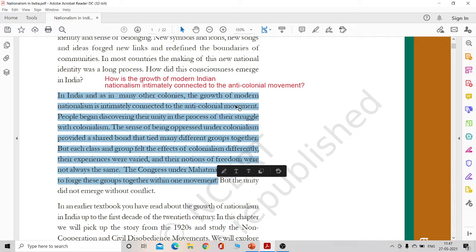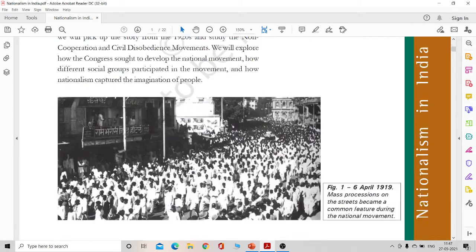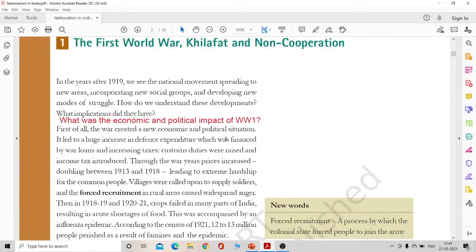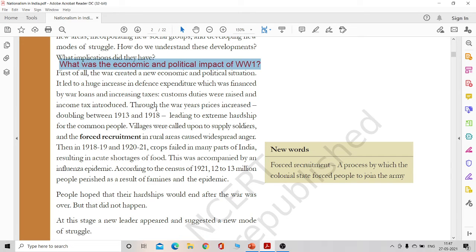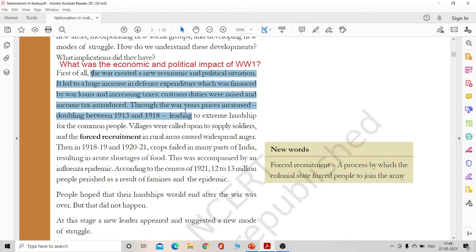Moving on, another important 3 marker question, which is very common, is: what was the economic and political impact of World War One? I have shortened it and written it. Of course, you have to write about how the war created new economic and political situations which impacted India rather adversely.